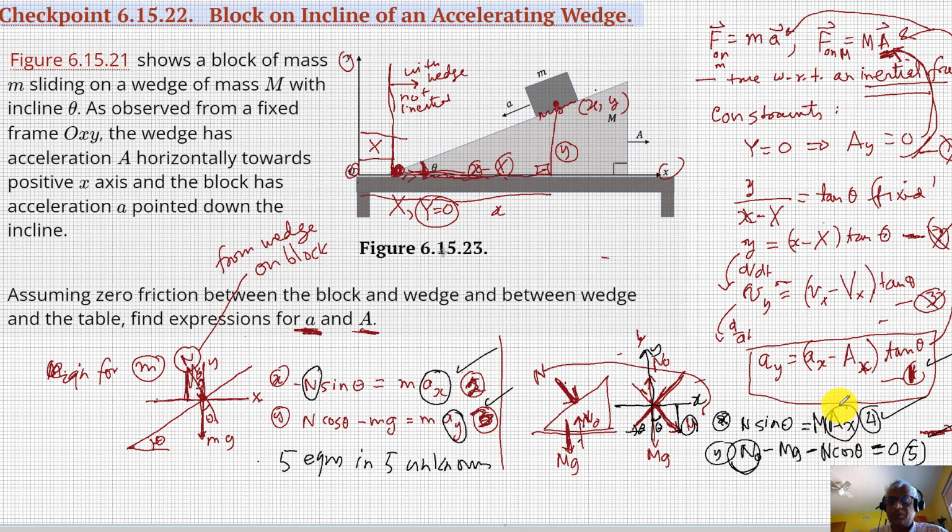So those are 5 unknowns and 5 equations, and so you solve them by process of elimination or whatever your favorite method is. I'm going to work it out in the next few slides. So right now I'm going to pause and get a new slate and solve these problems.